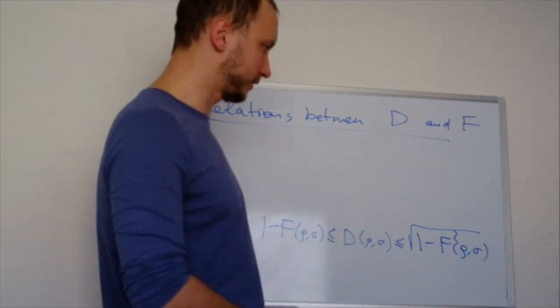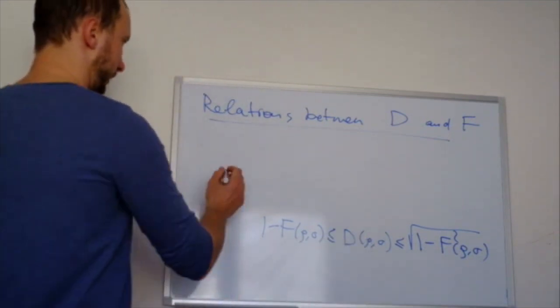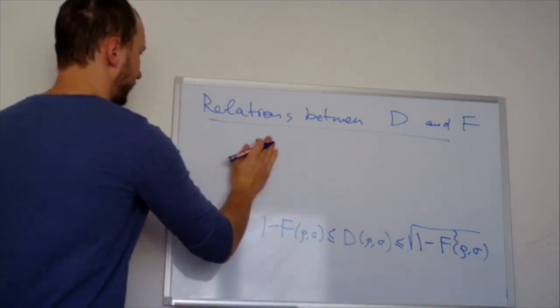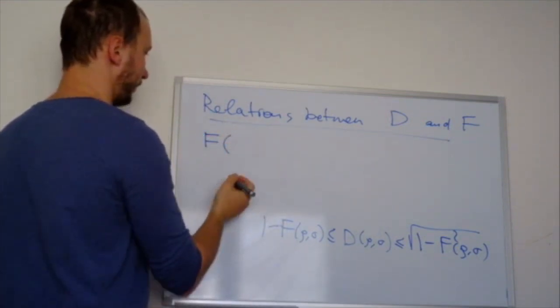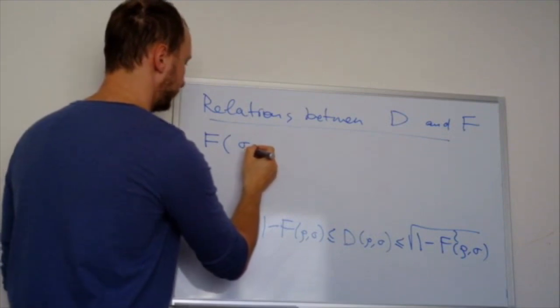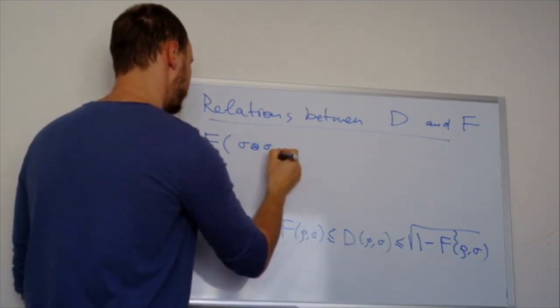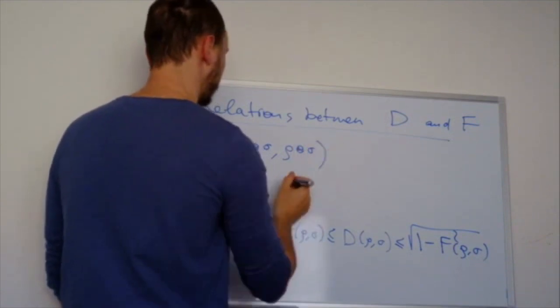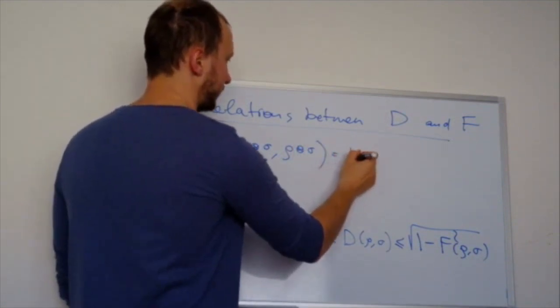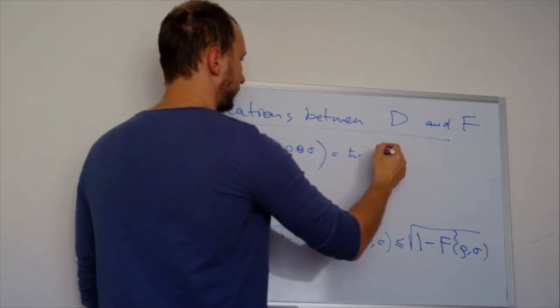Actually, here it's again the same story, because if you take the fidelity of a tensor product of two states, you just take the formula again.